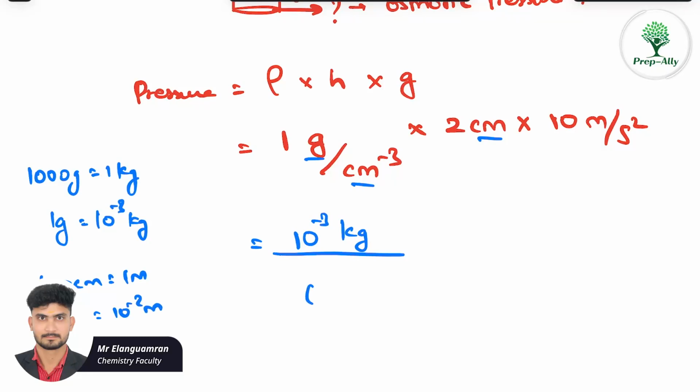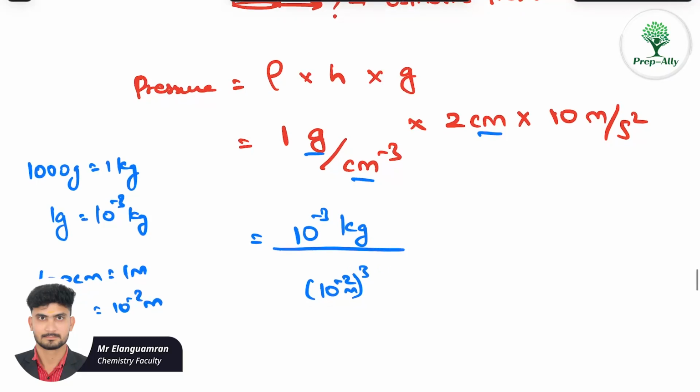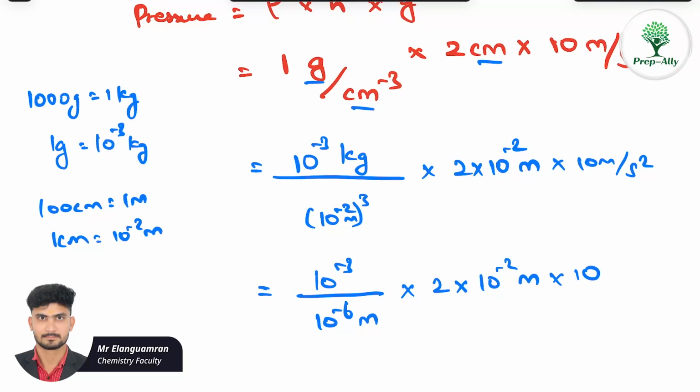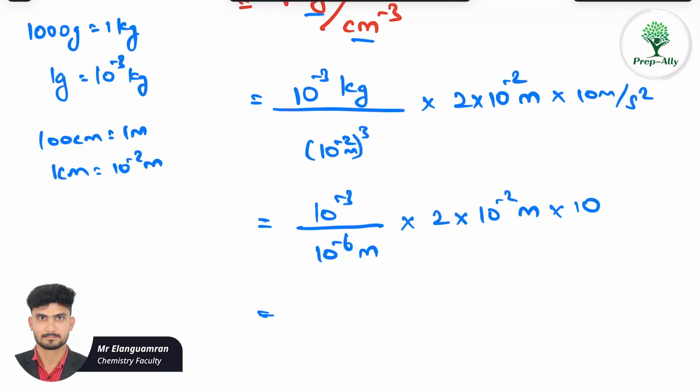So instead of the cm, I'm going to write 10 power minus 2 meter whole cube into 2 into 10 power minus 2 meter into 10 meter per second square. So 10 power minus 3 divided by 10 power minus 6 meter into 2 into 10 power minus 2 meter into 10. So what do I have here?